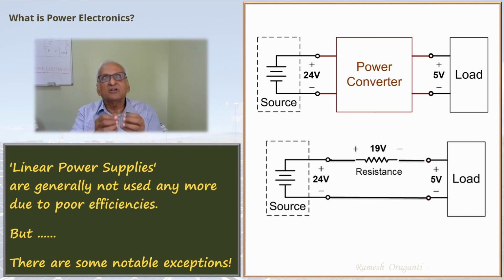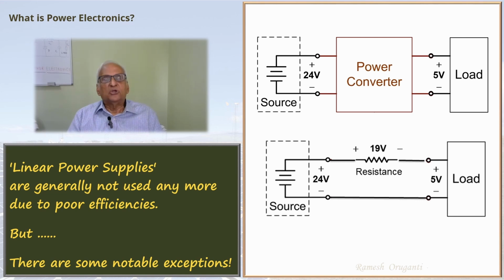We want the power electronic system to be efficient. We are dealing with power here, so we would like the power efficiency to be maintained. We want to convert the input power into a form suitable for the load, but in an efficient manner.